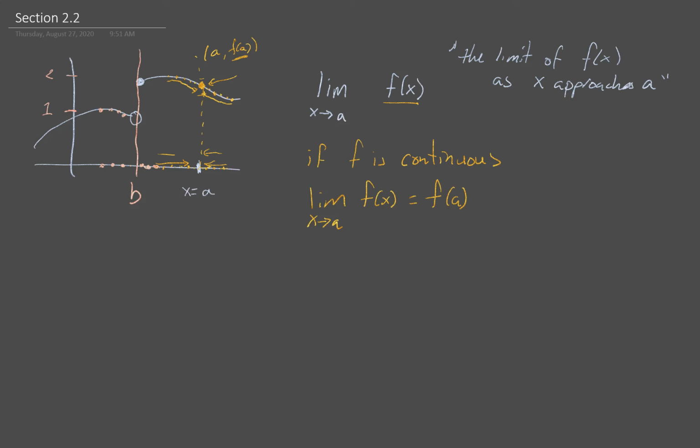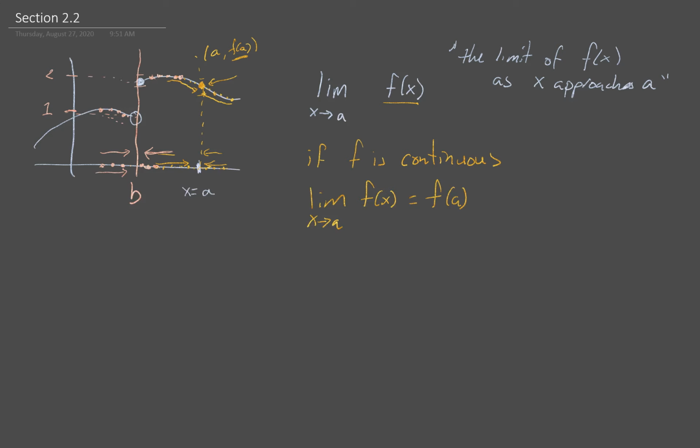As x values approach b from below, the y values are getting closer and closer to something close to 1. But if the x values are getting closer to b from above, we were looking from below before, now from above, these y values are getting close to 2.